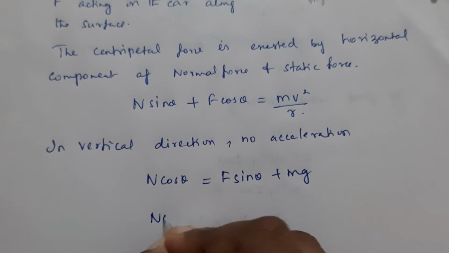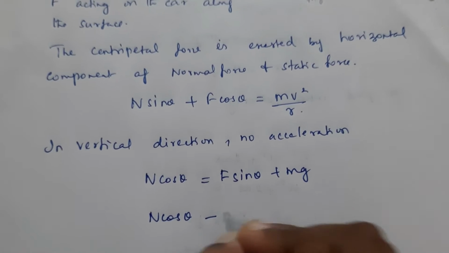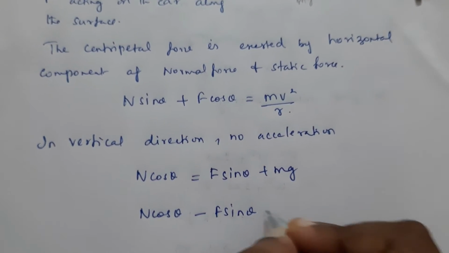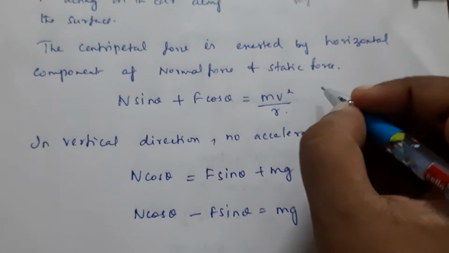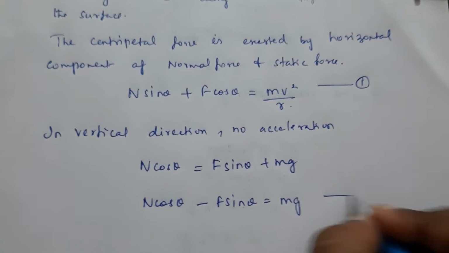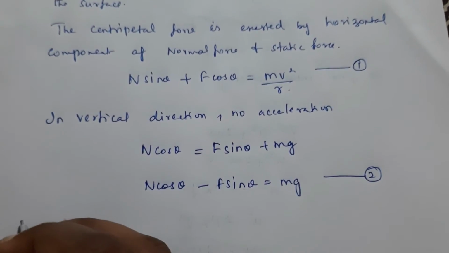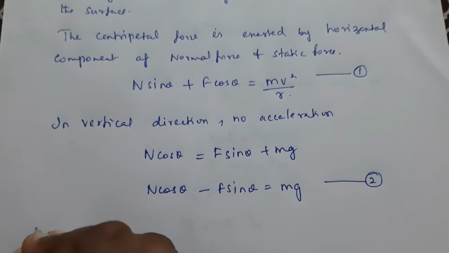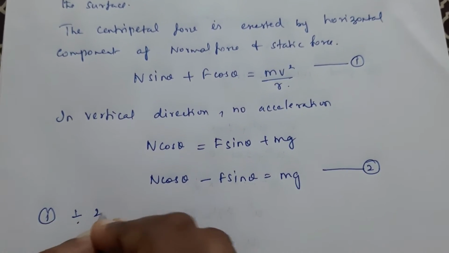So we can write n cos theta minus f sin theta is equal to mg. Now I am taking this as equation 1 and this as equation 2. Now 1 divided by 2.